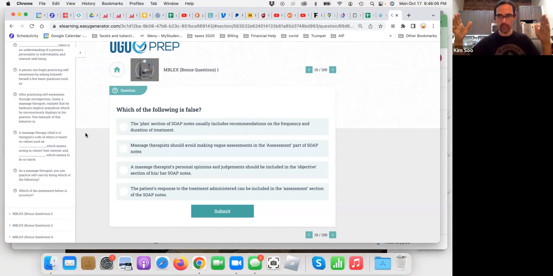I would make a broad assessment first, and after a couple treatments, start to narrow it down to what's the cause. For example, lower back pain versus psoas spasm versus disc herniation versus referred pain, just as an example. A massage therapist's personal opinions and judgments should be included in the objective section of his or her SOAP notes. I see. Okay, that one's probably the false one.